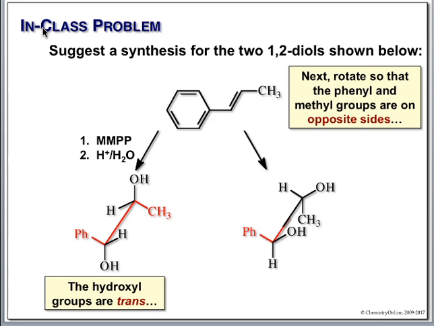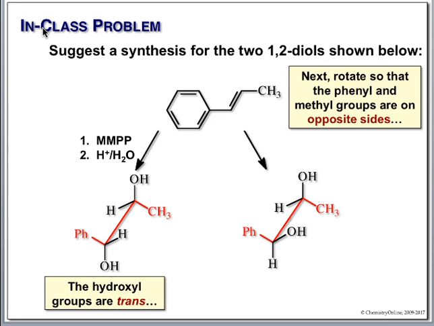Phenyl up. Hydroxyl is over, hydrogen down. Just like this. This one, I'm going to have to move the methyl group up a little bit, putting the OH up here, hydrogen down. And now our basic backbones are the same.